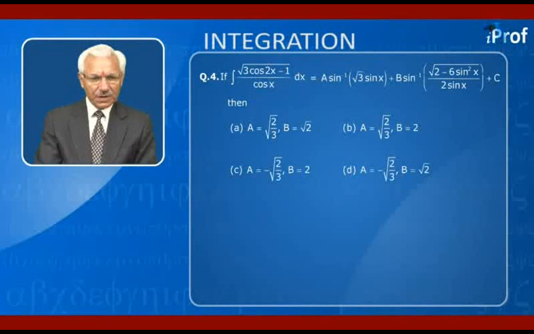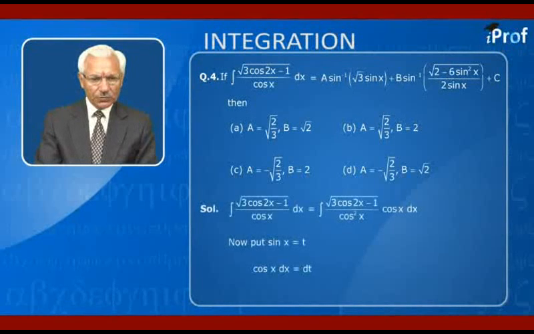Now the given integral I is equal to the integral of square root of (3 cos 2x minus 1) upon cos x dx, which can be simplified as square root of (3 cos 2x minus 1) upon cos square x into cos x dx. So we put sin x equal to t, therefore cos x dx becomes dt.